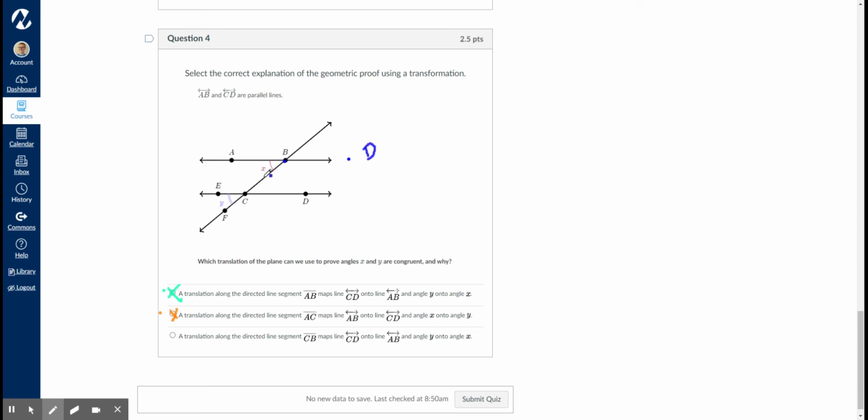Point F, about down here. E, up here. So that takes this angle FCE and moves it up to here. So angle Y lands on top of angle X. That's what we want. I think that is the correct one because it actually does map our angle Y onto our angle X, which is the goal. We want X and Y to be congruent, so we want to map one onto the other.